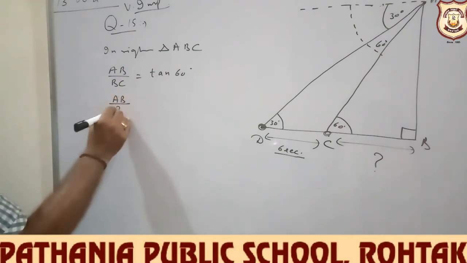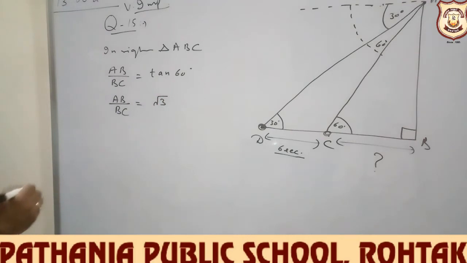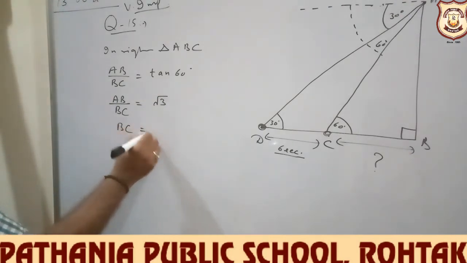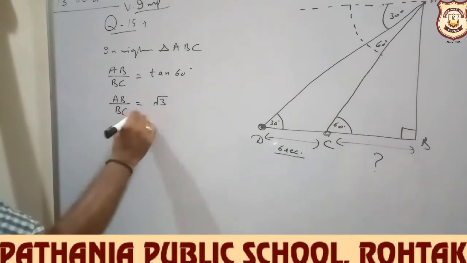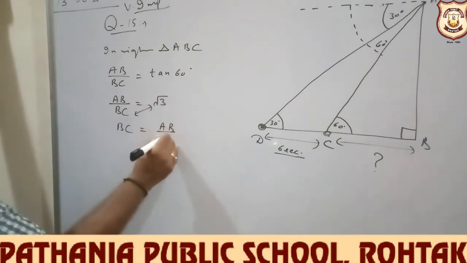AB upon BC equals root 3, or you can write, students, BC equal to AB by root 3.